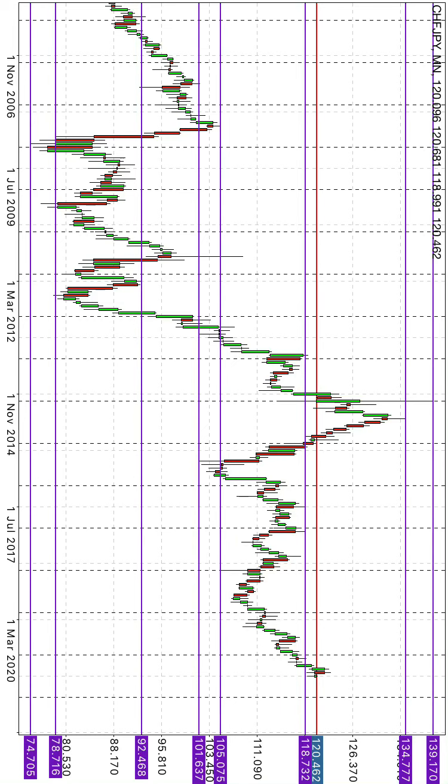Now on a monthly time frame, I'm done identifying all my obvious support and resistance.